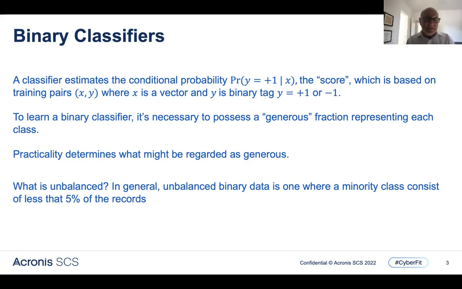If more than 5%, then the data is more or less balanced, although perfectly balanced data is one where the split between the two classes is more or less 50-50. However, this is a long continuum, so we take this somewhat arbitrary approach that if it's fewer than 5%, it is considered as unbalanced. And unbalanced data poses a problem when using a classifier. Therefore, the signal must be amplified somehow, and this is what we're going to talk about.